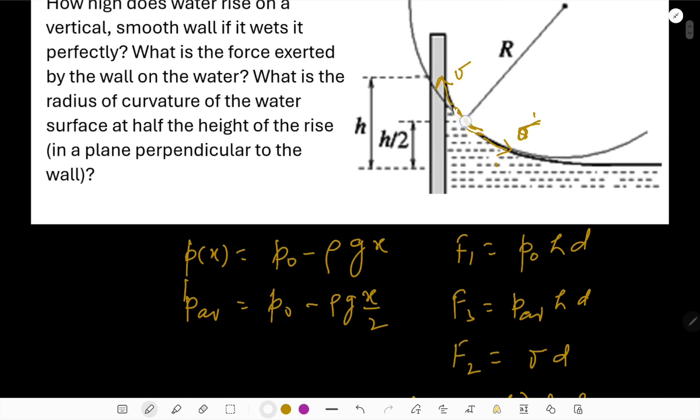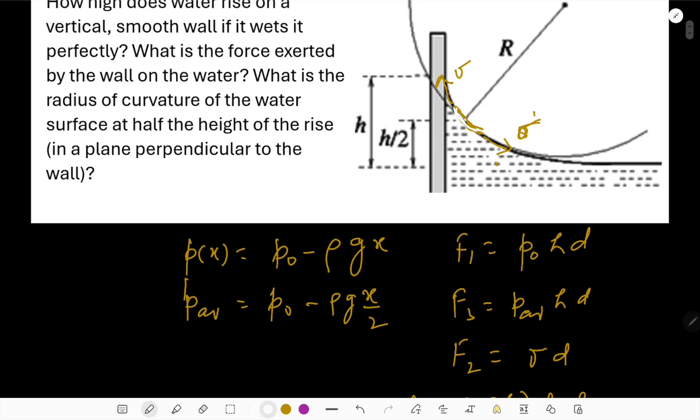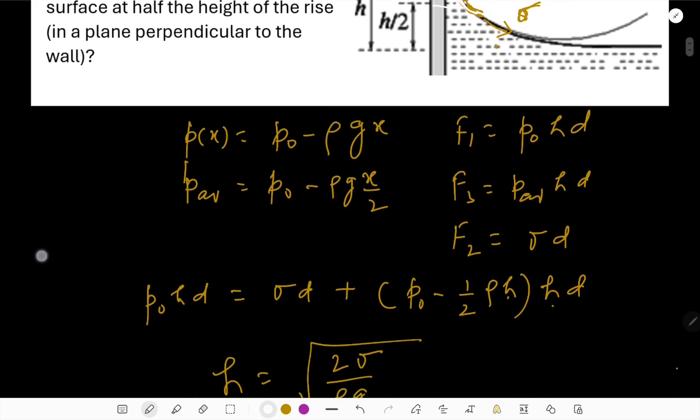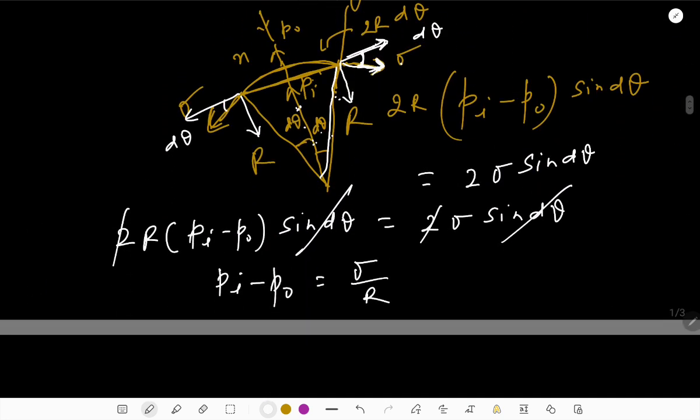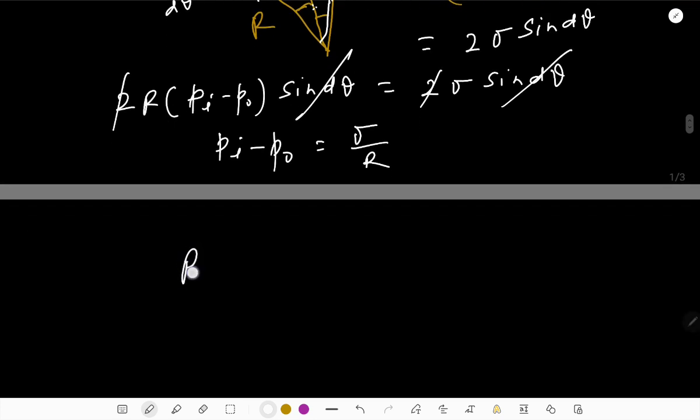So the pressure difference at that point is something: this distance is h by 2 below. So you would like to write the radius of curvature simply as surface tension divided by pressure difference, and the pressure difference at that point is simply rho g x, you can see here.